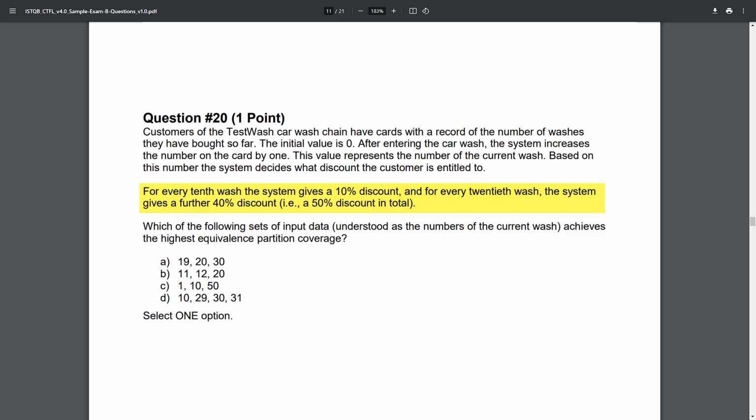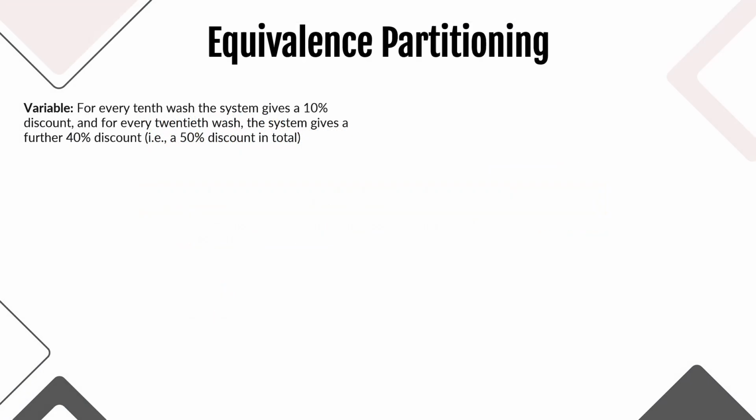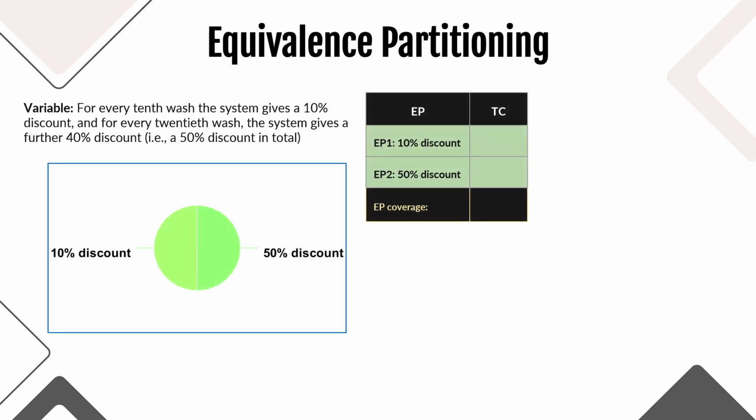On the other, there is a lot of text and information in the question, which is written specifically to confuse us. Long story short, you need to figure out that we have only one variable. For every 10th wash, the system gives a 10% discount, and for every 20th wash, the system gives a further 40% discount. And on the basis of this variable, we must determine the equivalence partitions.